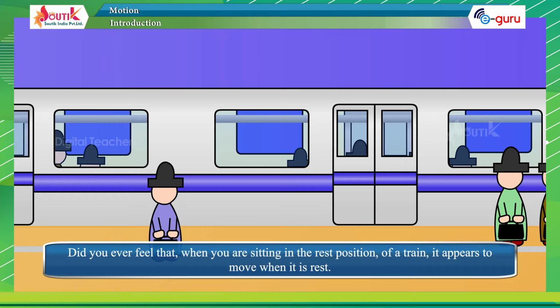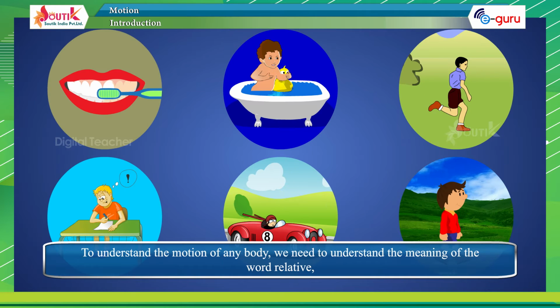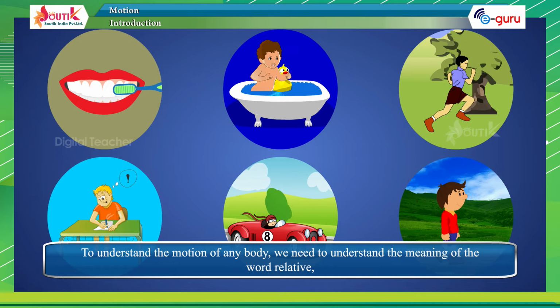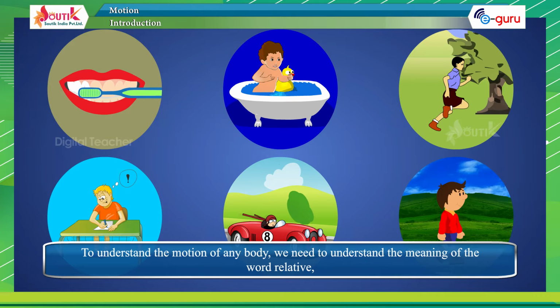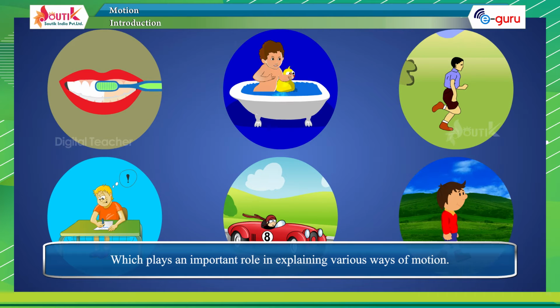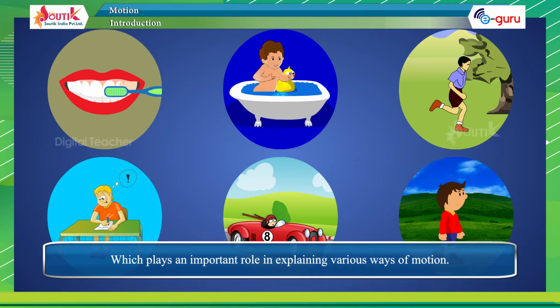To know the answer to this question, we need to understand the term relative. To understand the motion of any body, we need to understand the meaning of the word relative, which plays an important role in explaining various ways of motion.